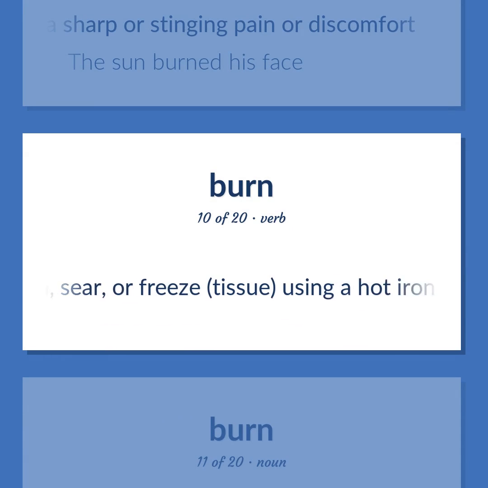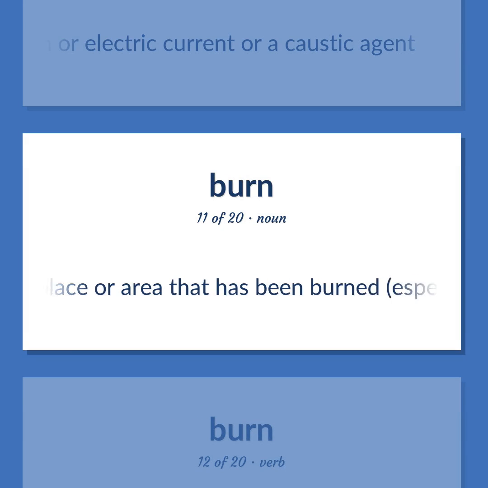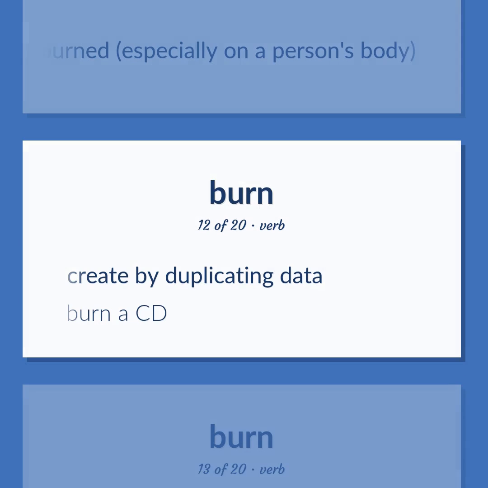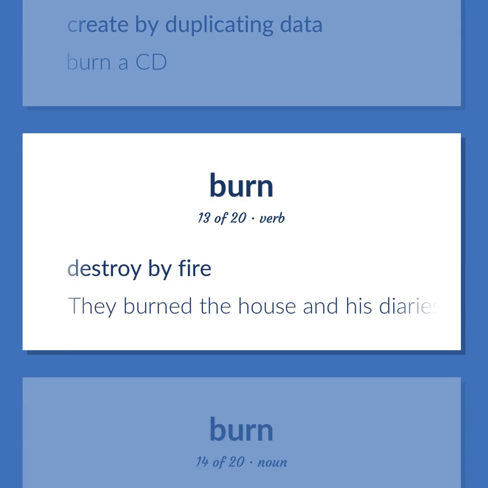Burn, sear, or freeze tissue, using a hot iron or electric current or a caustic agent. A place or area that has been burned, especially on a person's body. Create by duplicating data. Burn a CD. Destroy by fire. They burned the house and his diaries.